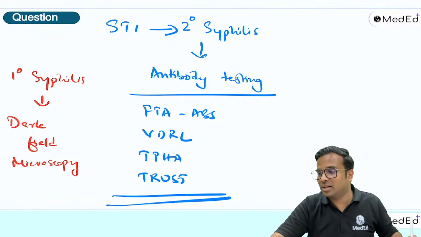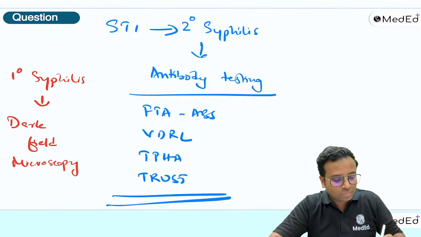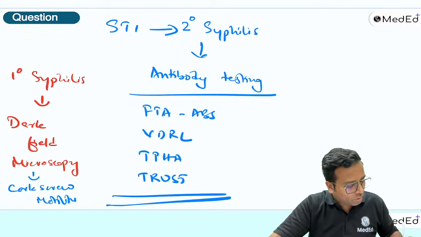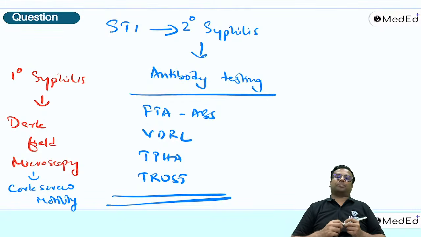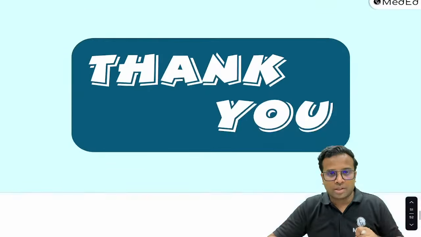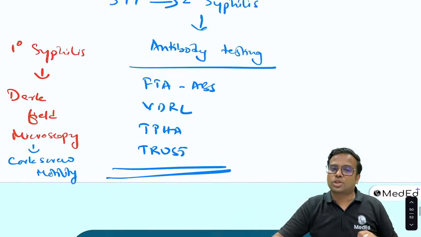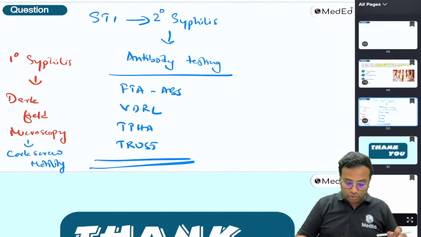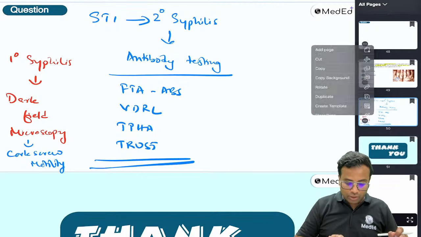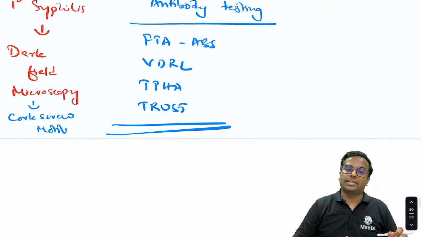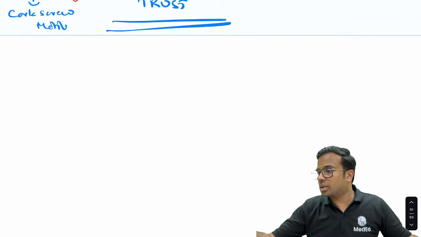You can see the corkscrew motility of Treponema pallidum in a dark field microscopy. So that is all about this short discussion about different diseases, different MCQs that have come in the previous years in the INICET.